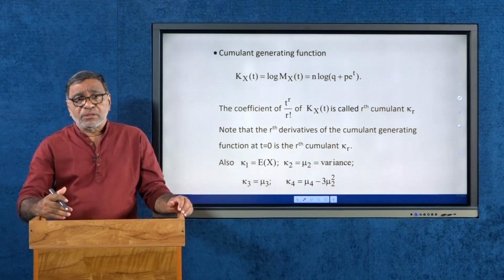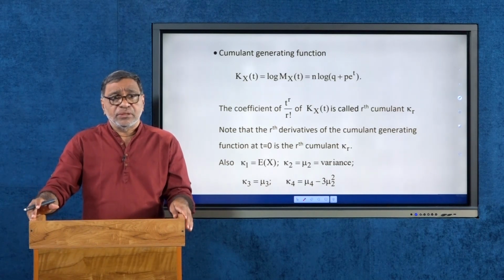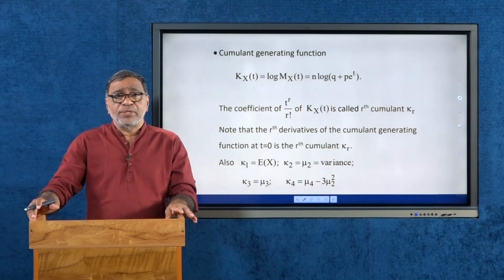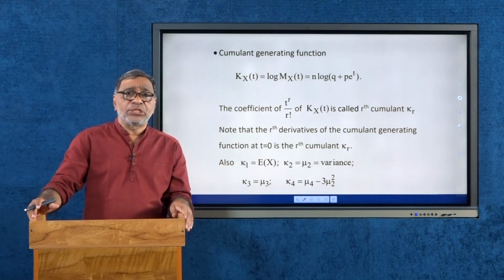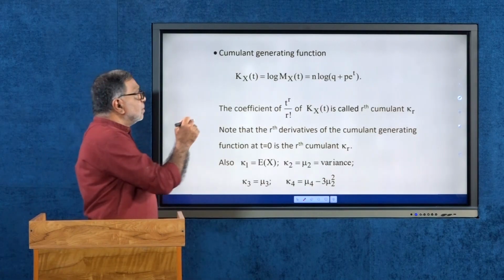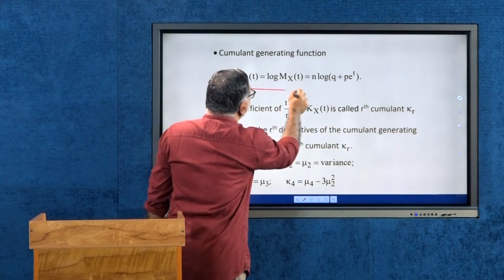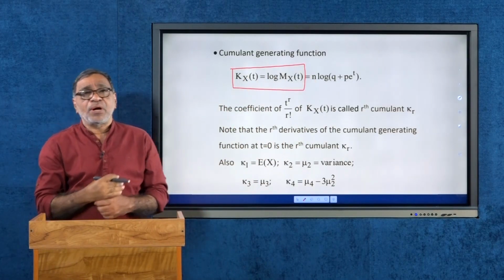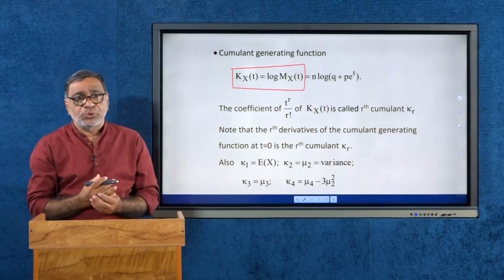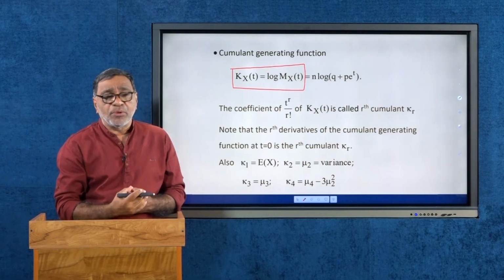Next is the cumulant generative function. Actually, the cumulant generative function is a function that is defined in terms of the moment generative function. That is, suppose the moment generative function is available to you, then the cumulant generative function, kappa X(t), that is the notation we are using, is equal to the logarithm of the moment generative function.